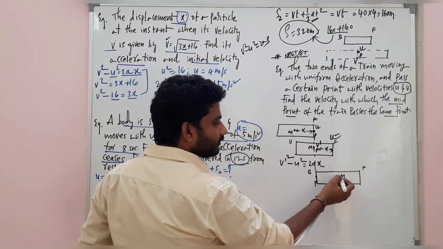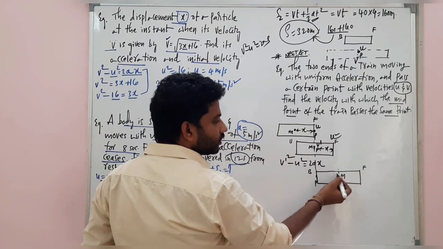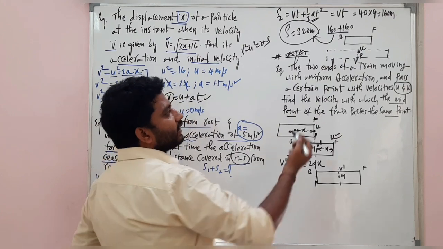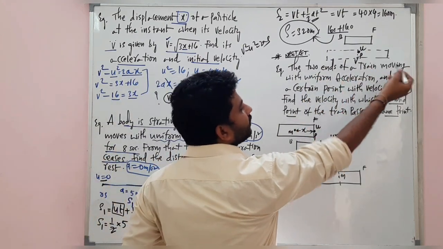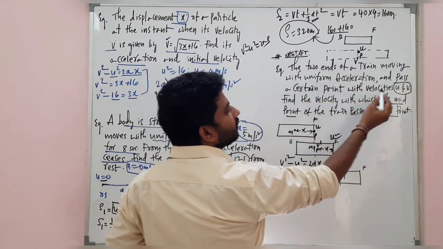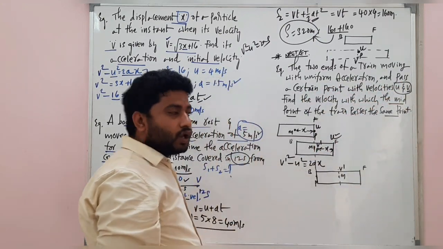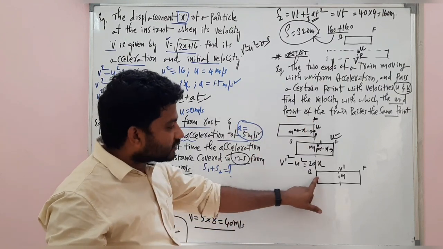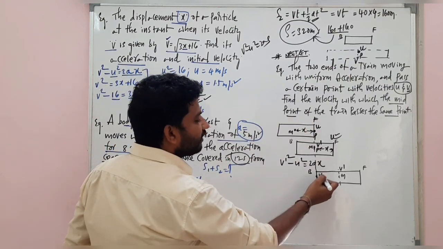The midpoint of the train has already crossed this point with the speed v dash. What they have clearly given is that the two ends of a train moving with uniform acceleration pass a certain point with velocities u and v. So the back end of the train will pass through this point with a speed v.